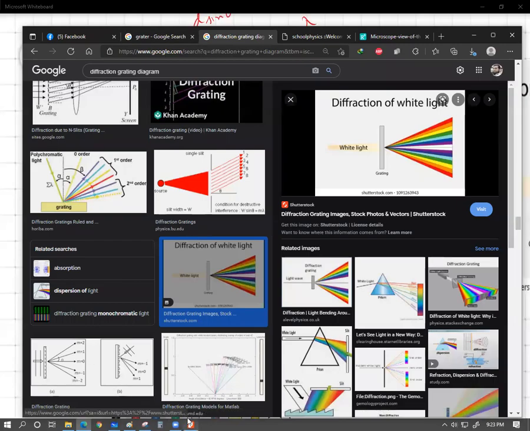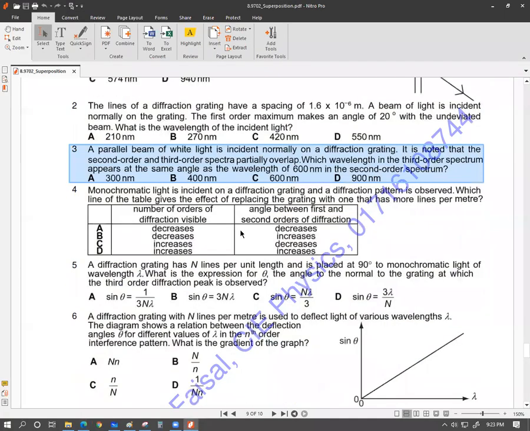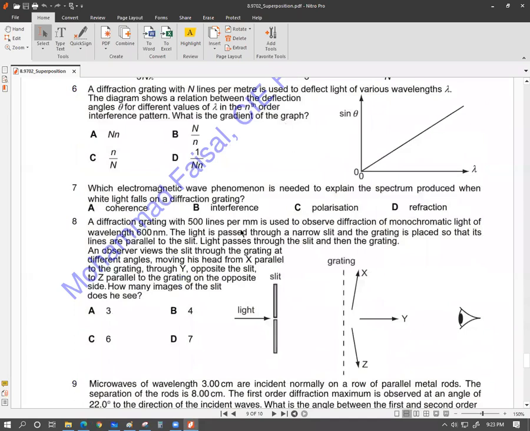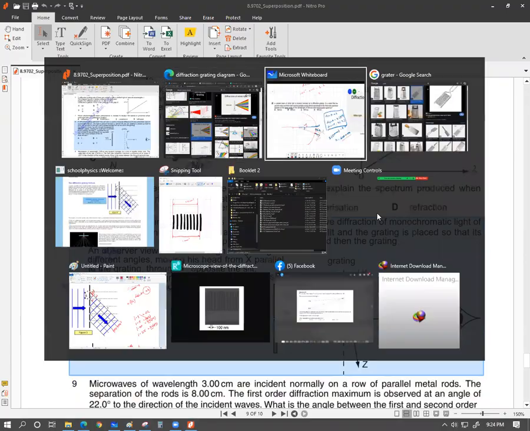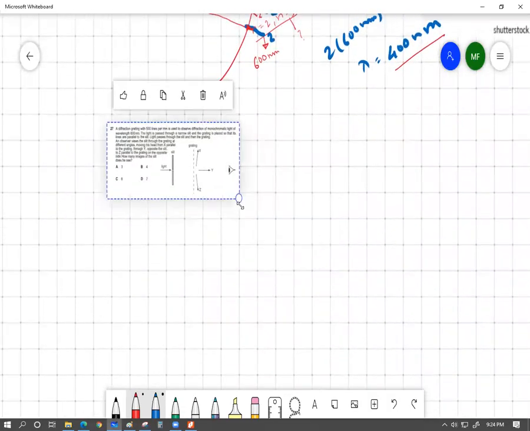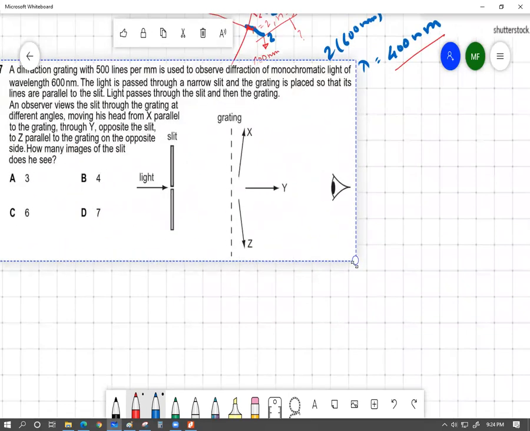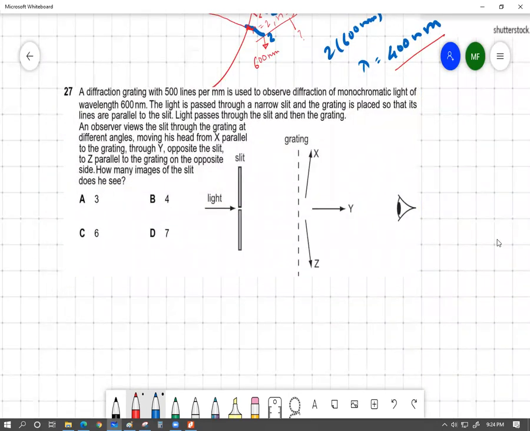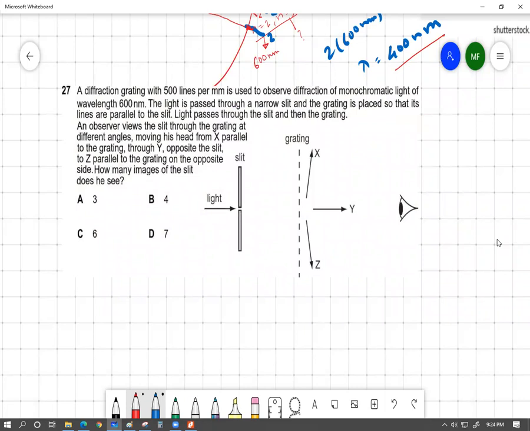Okay, if you go for another MCQ, for example, let's see question number 8. This is actually a simple question, and it can be explained later during practice. Look at this question carefully, there is an important thing in it. A diffraction grating with 500 lines per millimeter is used to observe diffraction of monochromatic light of wavelength 600 nanometer.